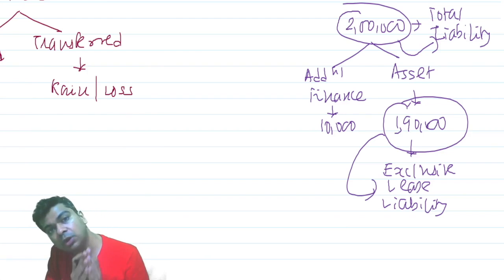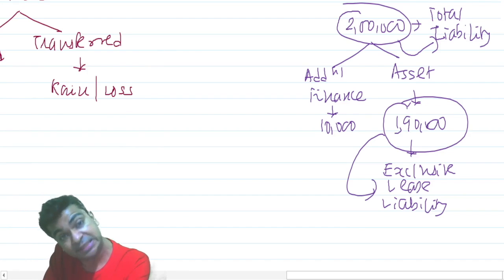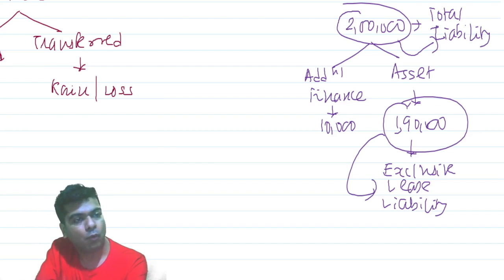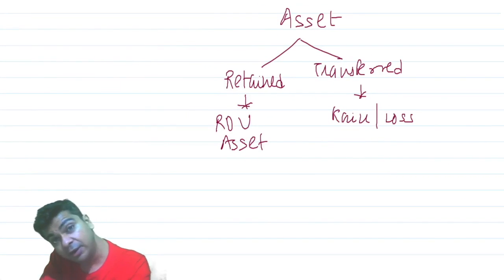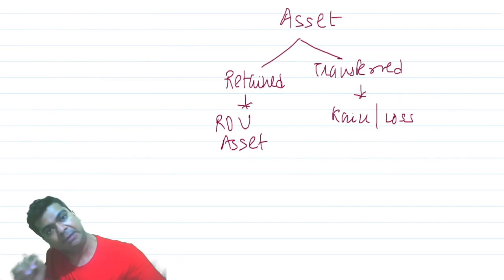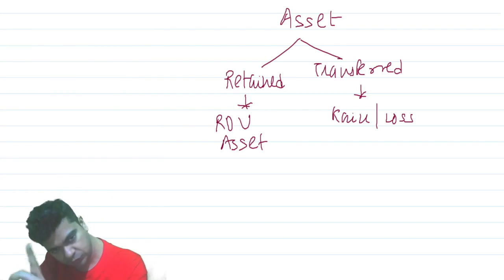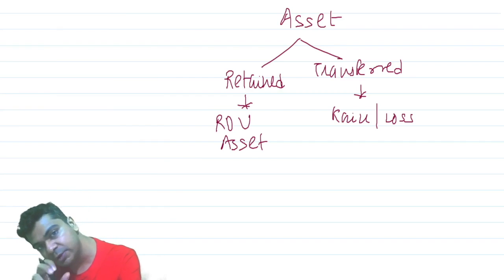That's how we work out the cost of the ROU asset. So one of the main components of cost of ROU asset is nothing but the lease liability. So when you say that this asset will be retained and reported as an ROU asset, the exclusive lease liability will play a role over here, because cost of the ROU asset is ultimately measured with reference to the lease liability. So we take some figures and try to understand how this will be recorded.